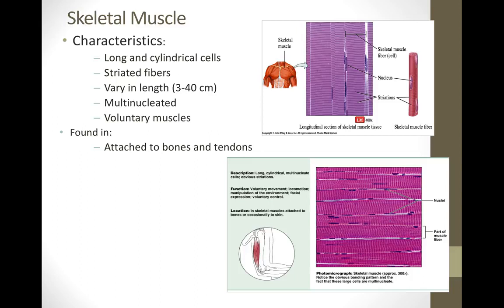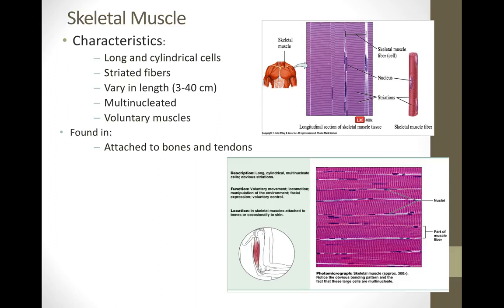The last type we have is skeletal muscle cells. Skeletal muscle cells are definitely long. They can get as long as 3 to 40 centimeters, which is about 18 inches or more. They do have, as I mentioned, striation. Because of their length, they are always multinucleated. These muscles are under our control, so they're considered voluntary muscles.